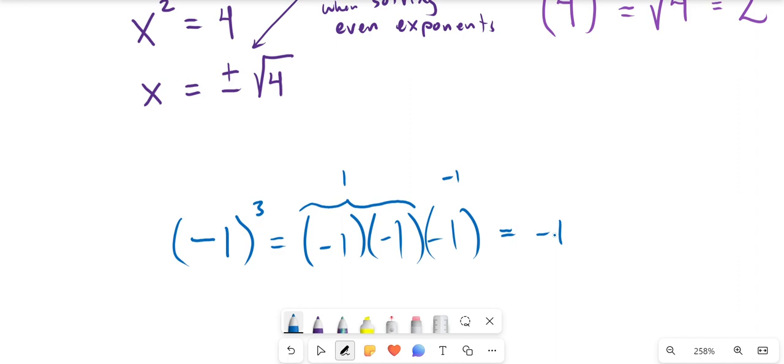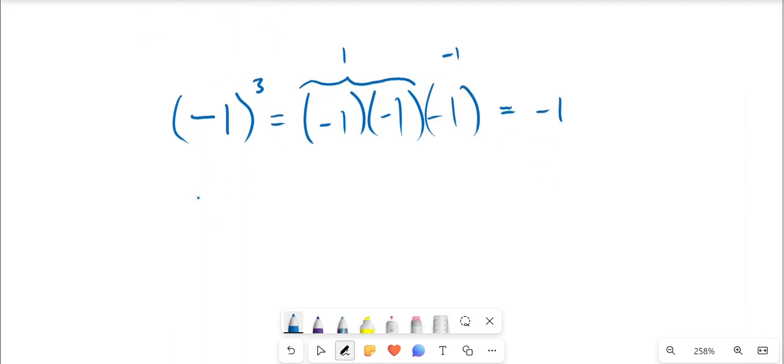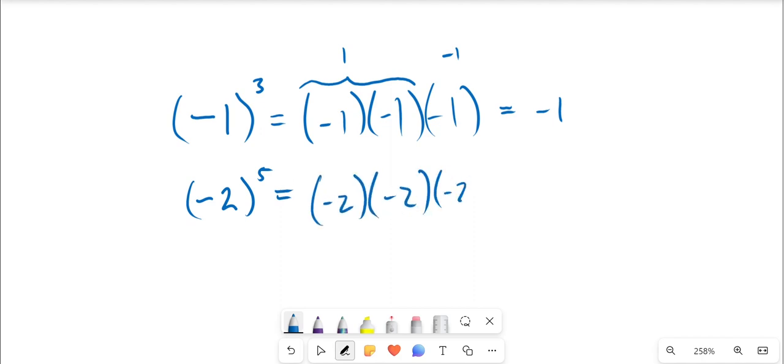So this is different, right? When we had an even power, it gets rid of the sign. There's an equal number of pairs of even numbers, and they all cancel to 1. So even powers go away, but odd powers don't, right? Like if I took -2, right, to the 5th power, we'd wind up with pairs of -2s. There's one of them. There's another one of them.